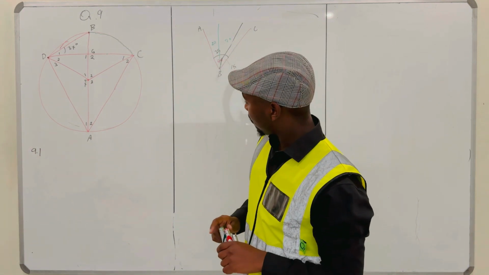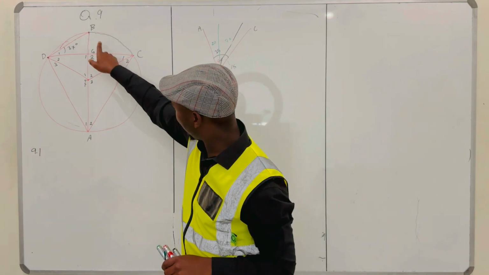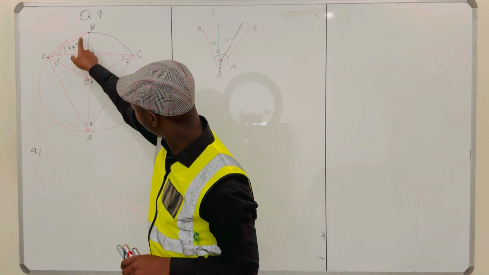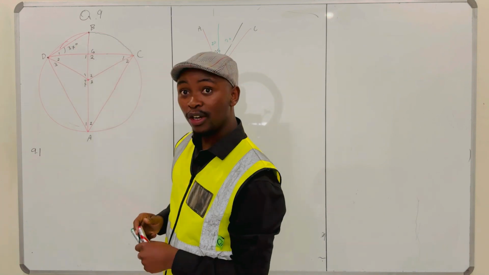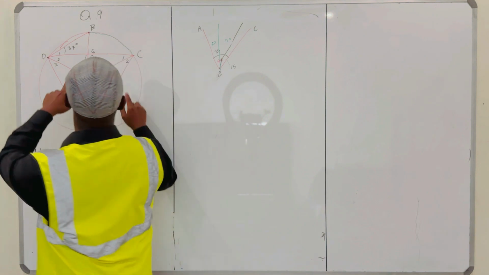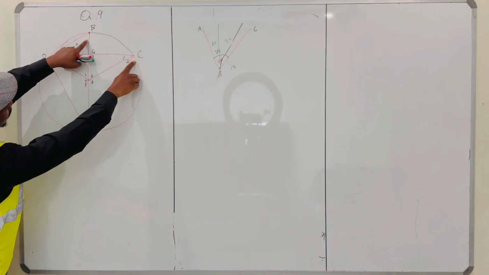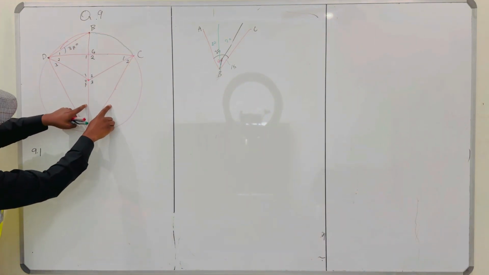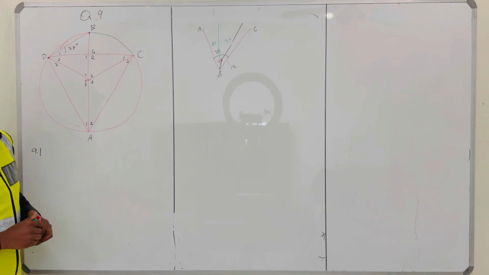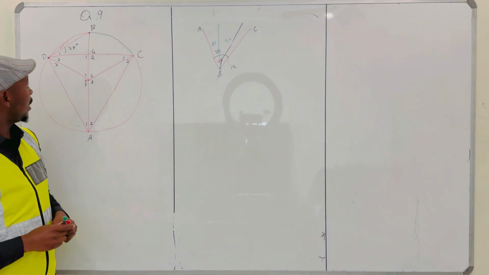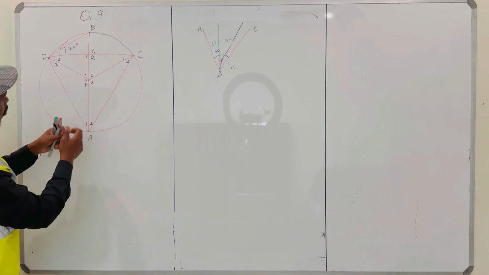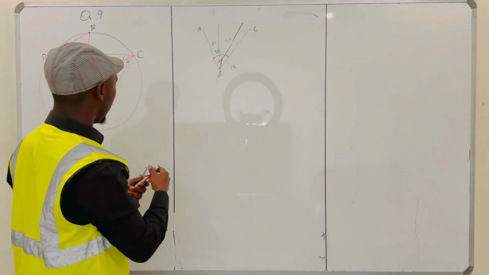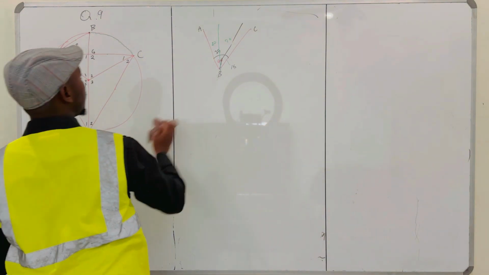Notice that this very same arc that encloses this angle also encloses this angle here. It encloses angle A2. So effectively we are looking at something like this here.